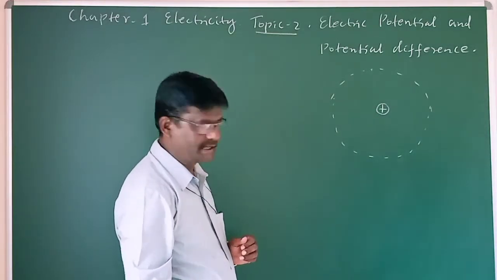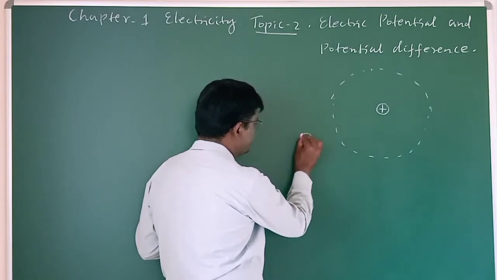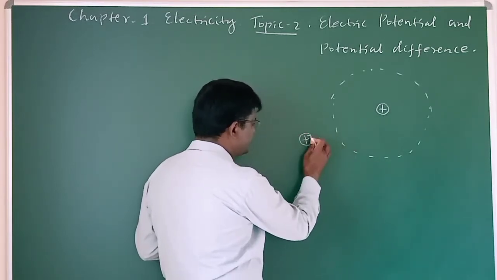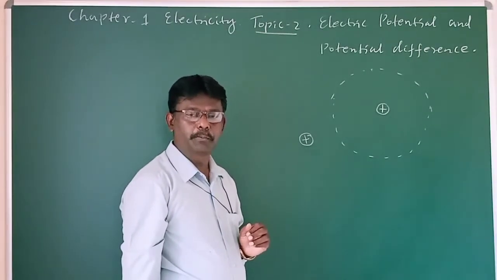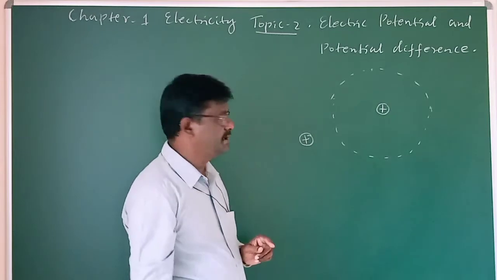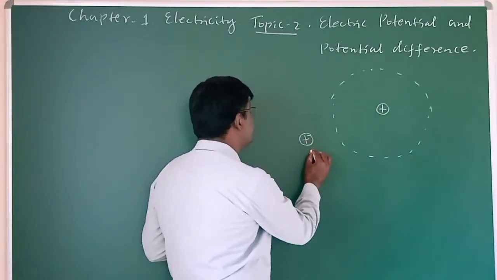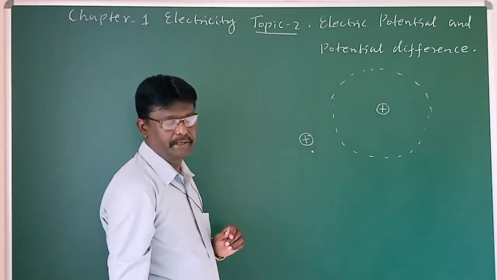Okay children. Next, if we place one more charge just outside this field where the electric potential is zero, we say infinity. That means now this charge is placed at infinity. Got the idea?